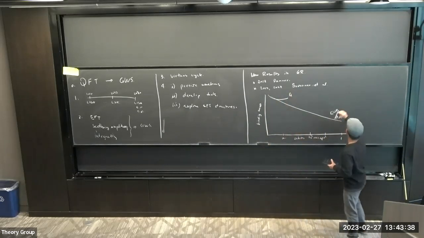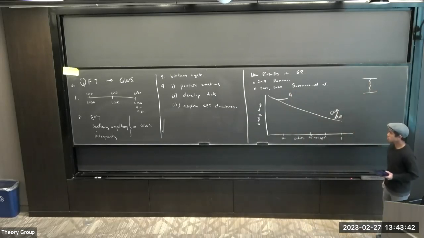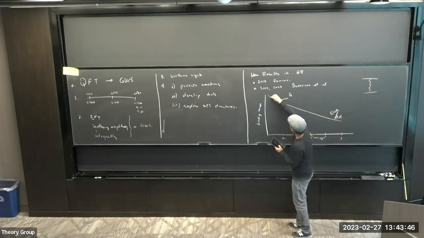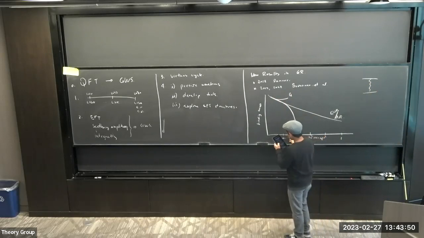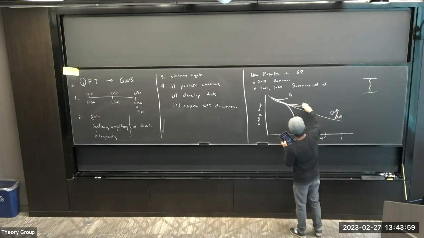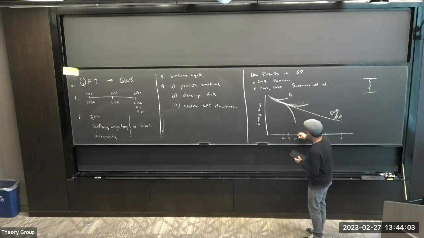This is a tree level calculation where you scatter two scalar fields and exchange a graviton. At order G squared, it improves, but still it starts to fail at 5. And order G cubed improves a little bit more on top of that, and it starts to fail at 3.